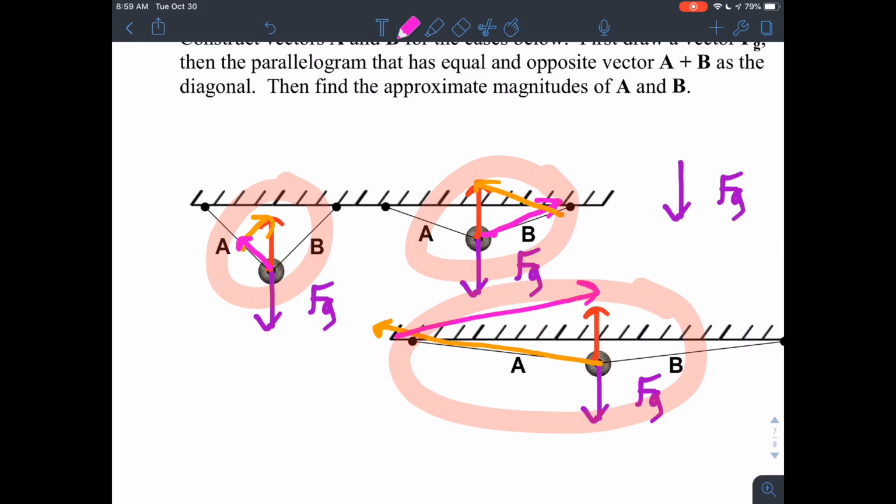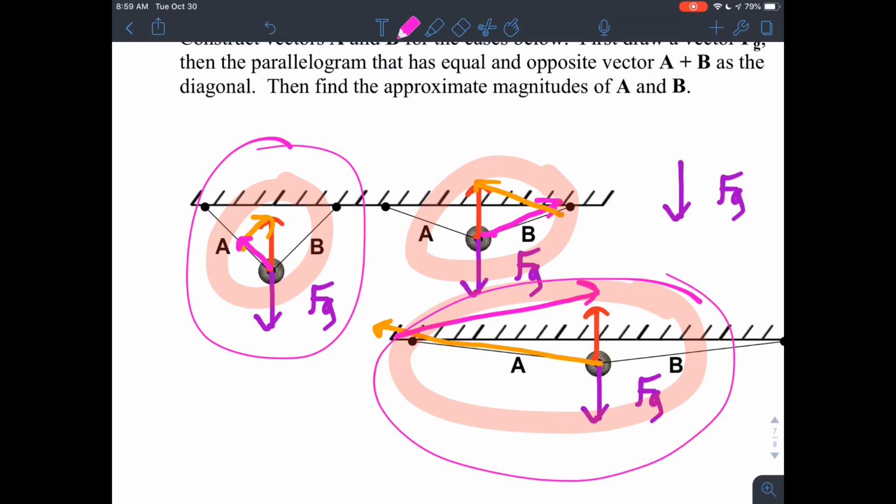So they're not pulling out to the sides as much in this example. So what we see is the overall force is less. Over here, A and B are pulling up, but they're also pulling really, really hard out to the sides. So the forces in A and B in this final example are the absolute biggest. Okay, so the more you pull out to the side, the more force you add to your tensions. The more you're just pulling upwards, you're only supporting the weight. Kind of tricky, but there is your answer.